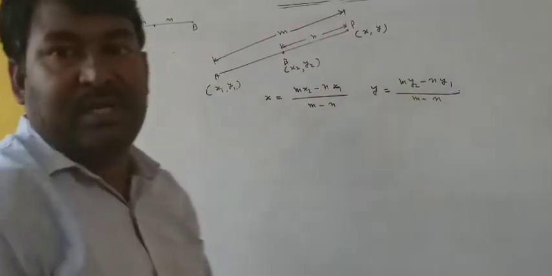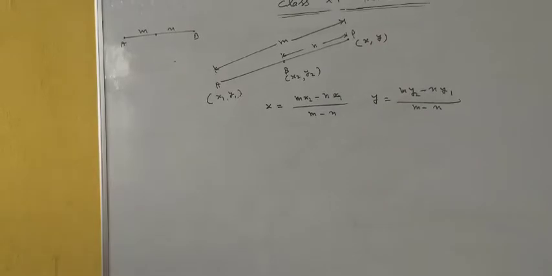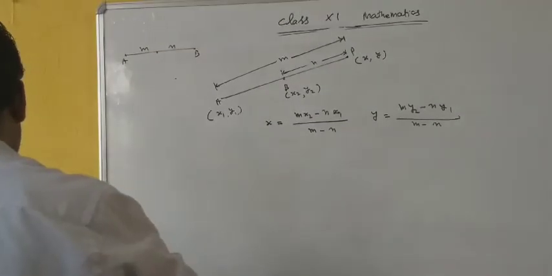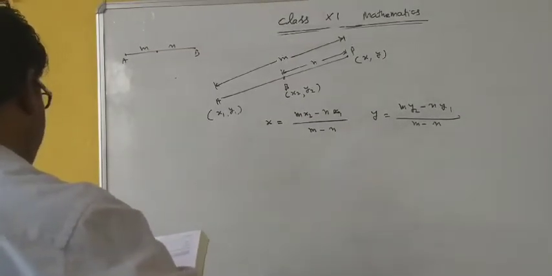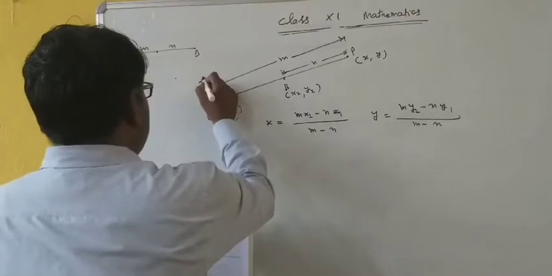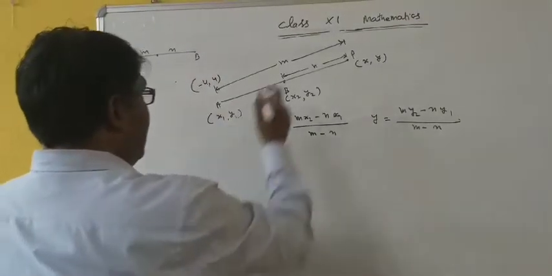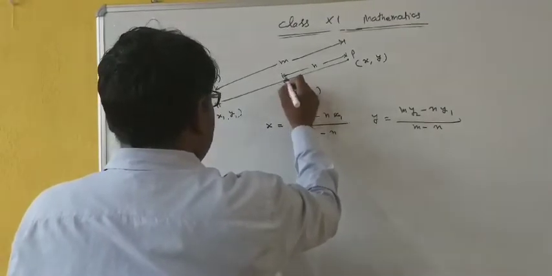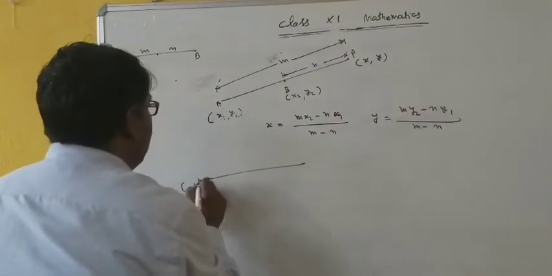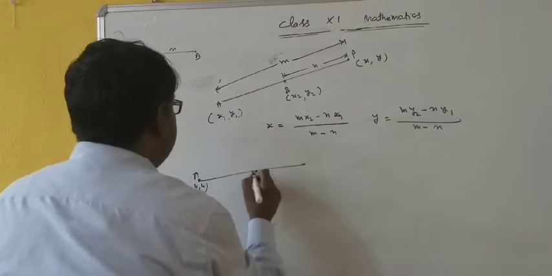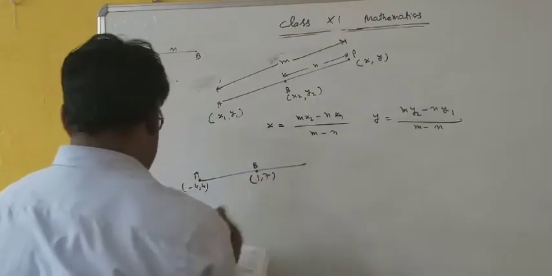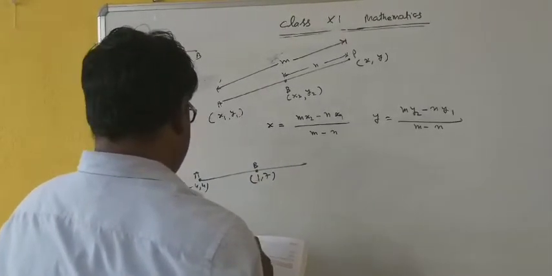So some numericals. Find the coordinate of the point which divides externally the line joining the points minus 4 comma 4, that is point A, and another point B, that is 1 comma 7, in the ratio 2:1.